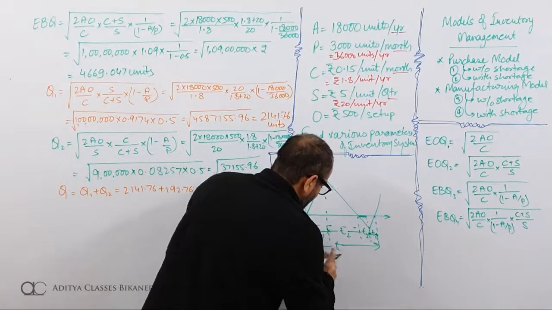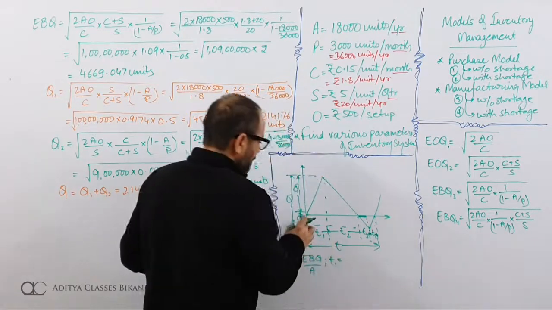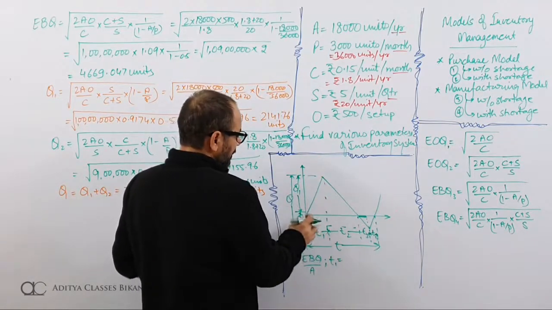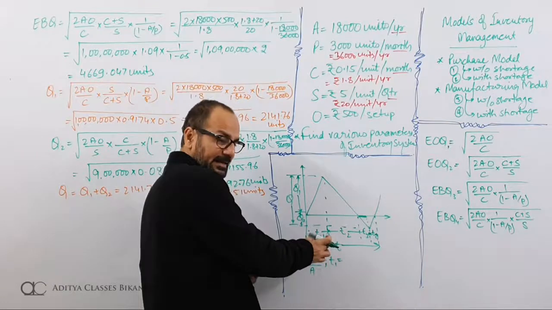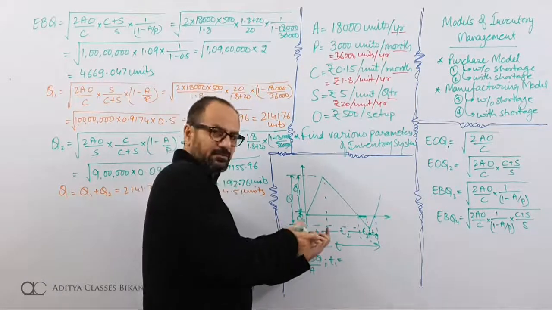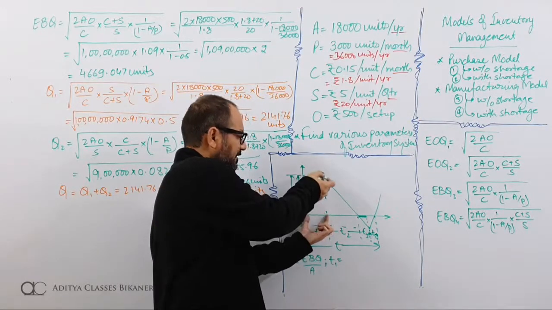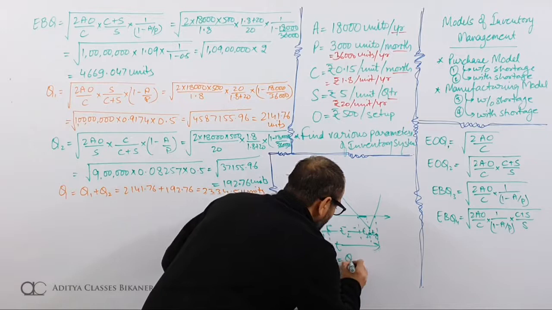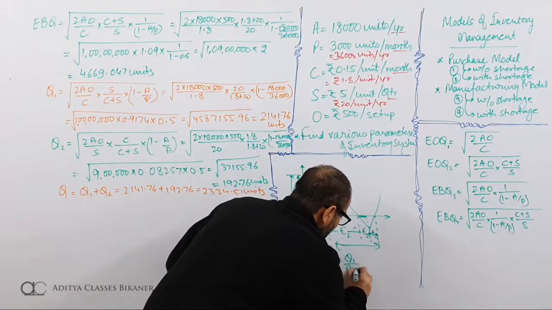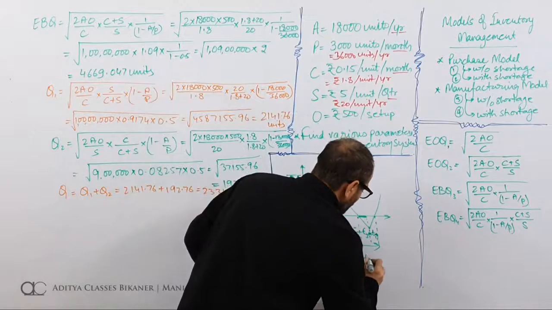Okay, so then T1 would be T1. T1 is this Q1. We start at 0. During the period T1, we start at 0, and by the time we come to the end of T1, we have reached Q1. So it will be Q1, and when we are rising, we rise at the rate of P minus A. Then what about T2?